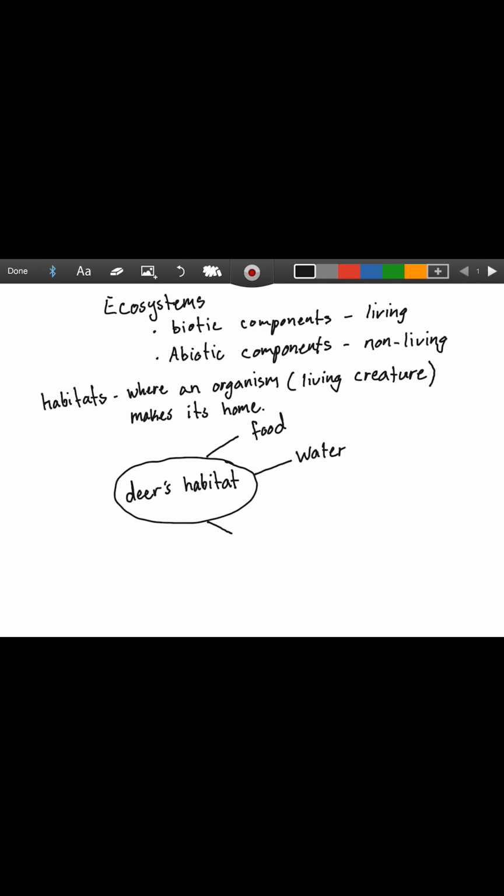Brings up another one. Is there sufficient space for the deer to live in? For instance, if there are just way too many deer, then guess what they're going to run out of? Yeah, food, most likely, before anything else.